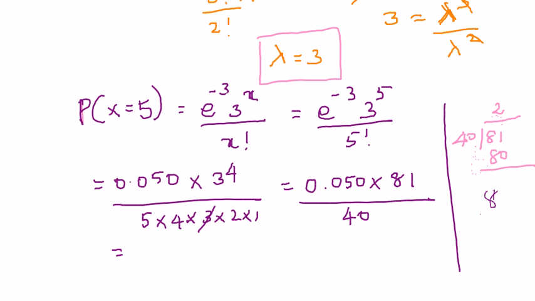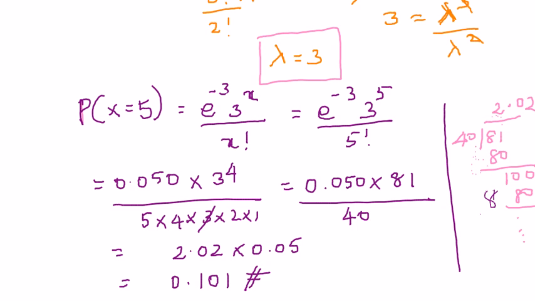So you get 1, 0. So it keeps going on like this, right? So you'll get 2.02. So it's going to be 2.02 into 0.05, right? Or 050. It doesn't matter. So 2.02 into 0.05 is going to be 0.101, and that's the answer.